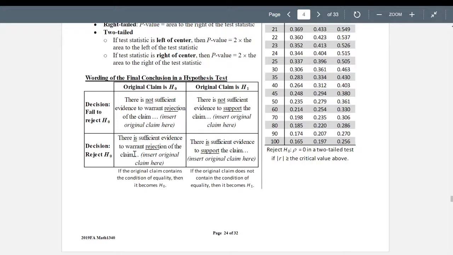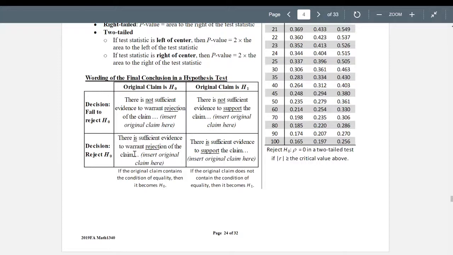Because the claim was the null this time and we rejected it. We're not in support of the claim, I guess you could say. We don't agree with the claim, is what that's saying, right?